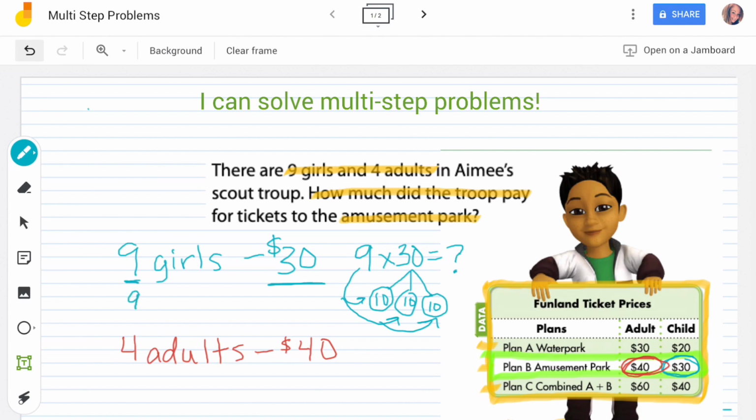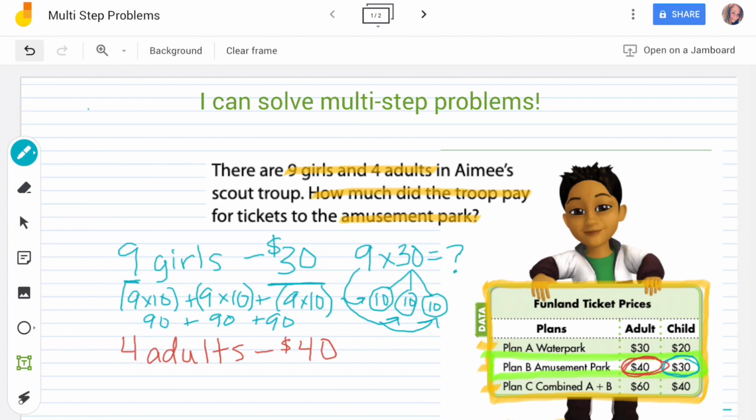That means that I have to multiply this 9 by each of those tens. So I have 9 times 10 plus 9 times 10 plus 9 times 10. 9 times 10 is 90. And since the multiplication problem is the same, I know that I have 90 plus 90 plus 90.